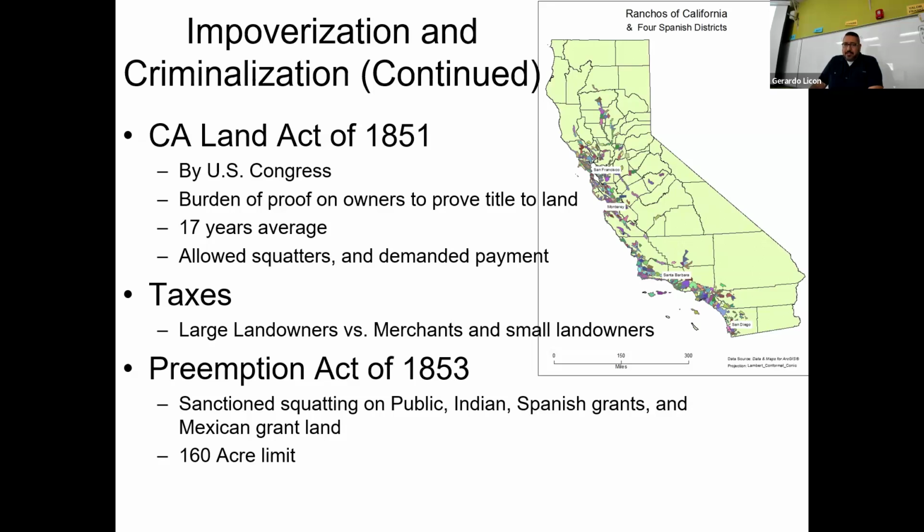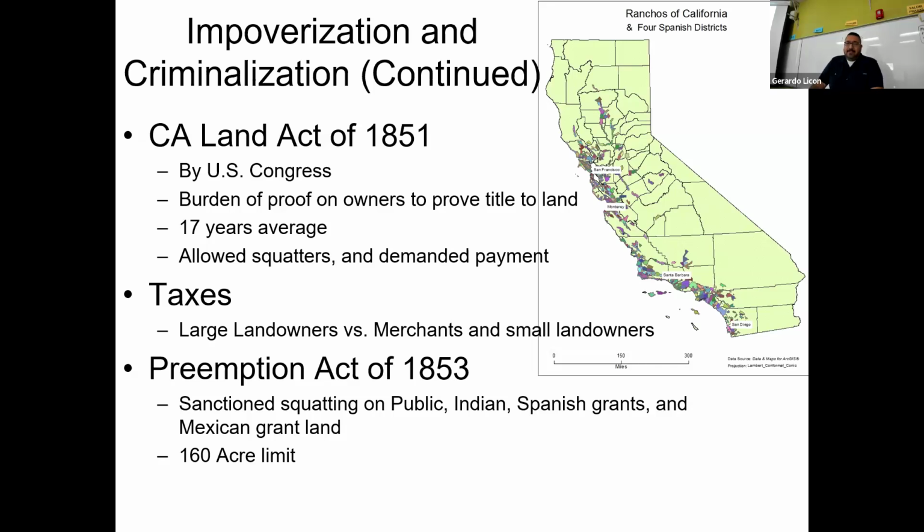One of the problems with this is that this process took an average of 17 years. In the meantime, people could squat on your land. So someone from the East Coast could go to California and just show up on your land and say, this is mine now, because you haven't been able to prove it's yours yet, because it's taking you 17 years to prove it.